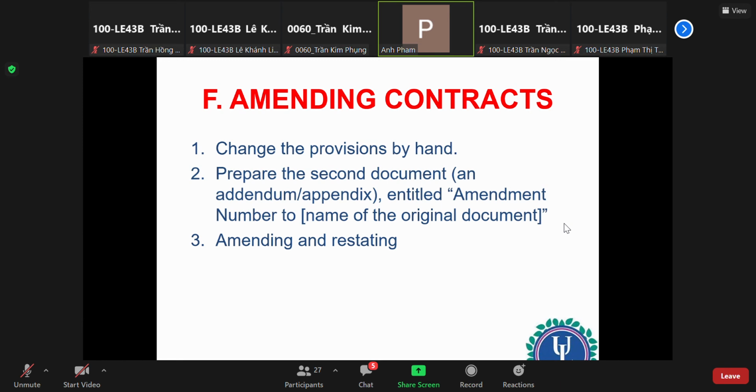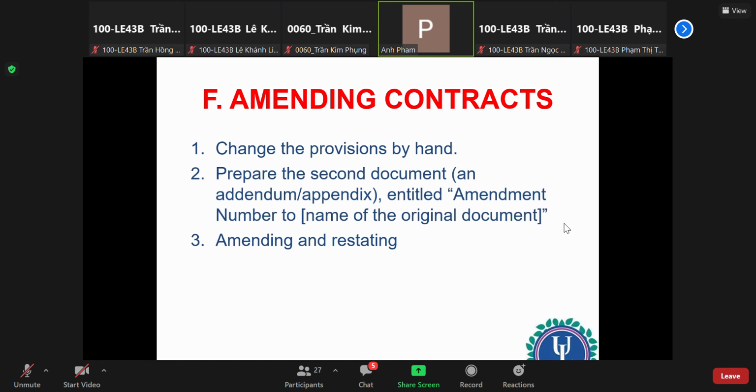You amend the terms that are incorrect, and then restate the terms which are correct, in a separate document, and abolish or destroy the previous one.